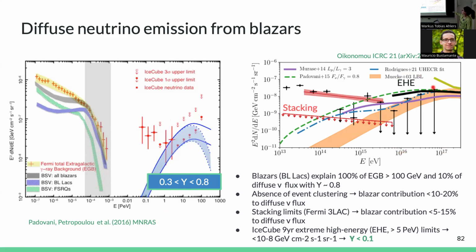And you can see that because of that, we can constrain this Y parameter to be less than 10% for the blazar population, which is consistent with the values that we find by modeling individually the Texas source that was associated with at least that one neutrino event.